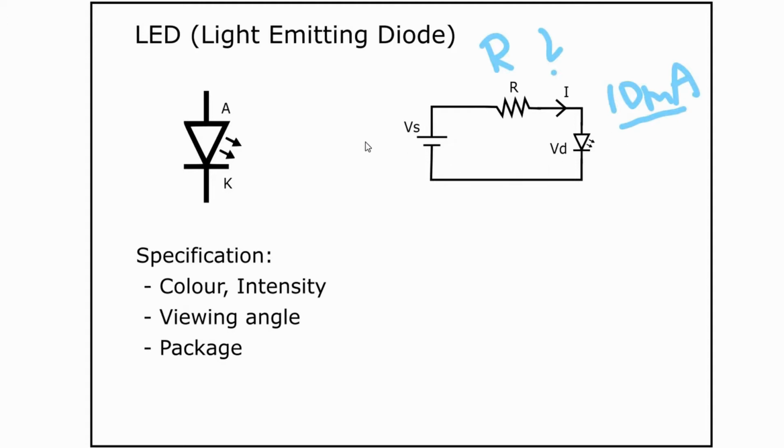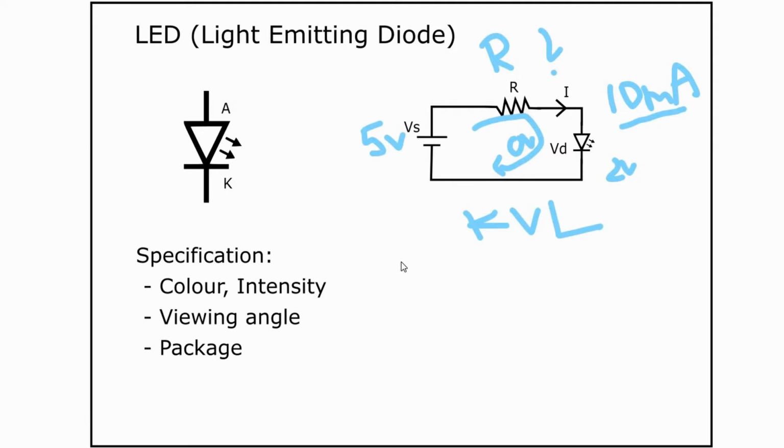Let's assume that our supply is at 5 volts. We have to limit the current to 10 milliamps, and from the data sheet we know that the forward voltage drop is 2 volts. Now let's apply KVL. You might have studied about this. It basically tells us that the sum of voltages in a loop will be 0 volts. What that means is the supply voltage, that is 5 volts, will be dropped across this resistor and this diode.